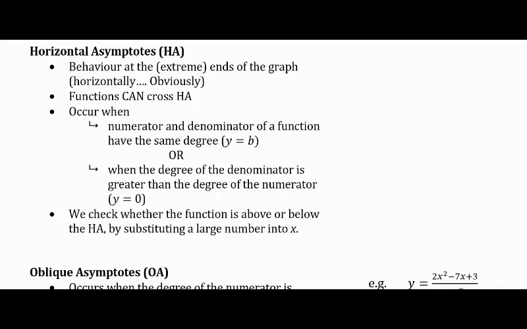Okay, horizontal asymptotes. This is the behavior at the extreme ends of the graph, and we're talking horizontally, hopefully obviously, right? Because functions can cross horizontal asymptotes. We're looking at the behavior at the extreme ends. The rational graphs and other graphs, exponential graphs and that sort of thing, and lots of other different kinds of graphs, will settle into some kind of behavior as they get far out horizontally.